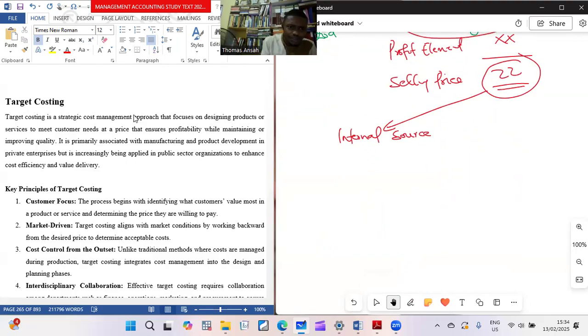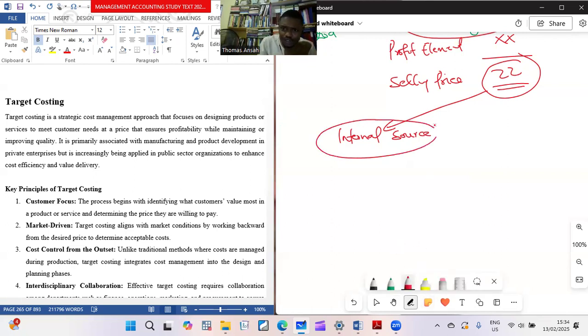It is a strategic costing method that focuses on designing products or services to meet customers' needs at a price that ensures profitability while maintaining or improving quality. What do we mean? Now, the danger of using this internal source is that it lacks motivation.